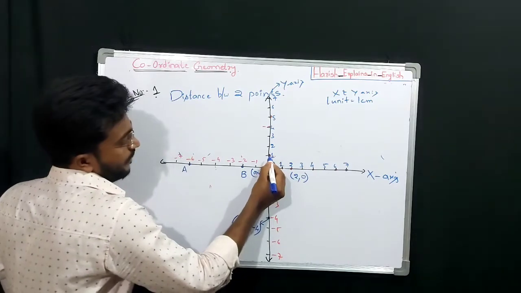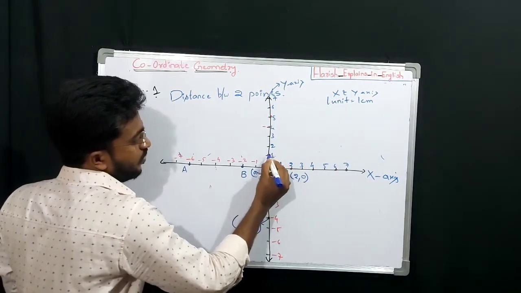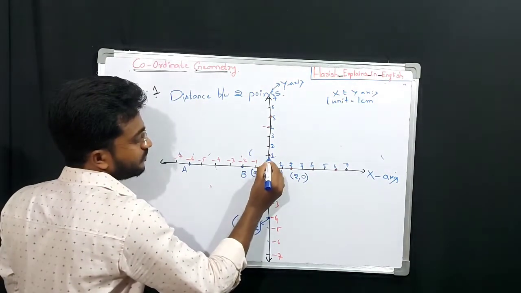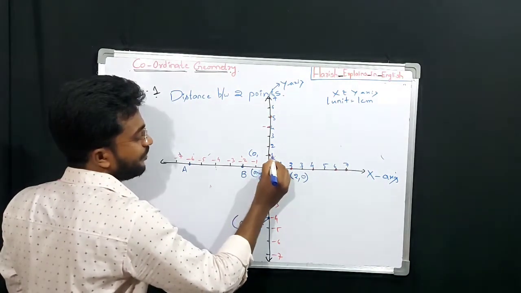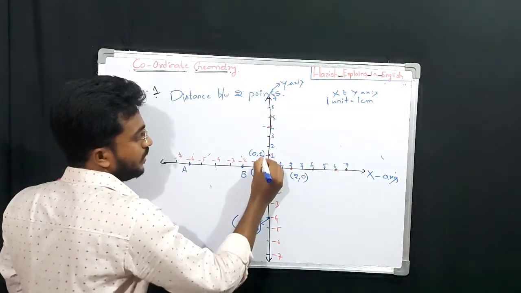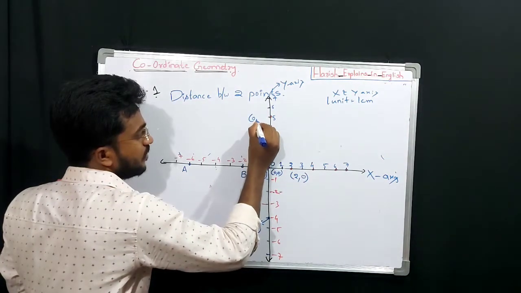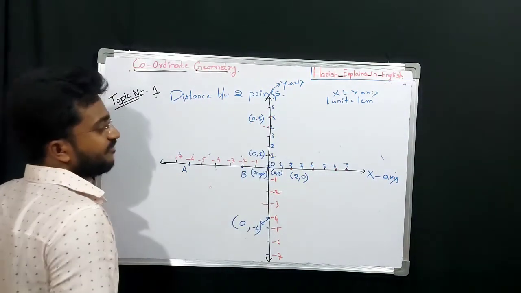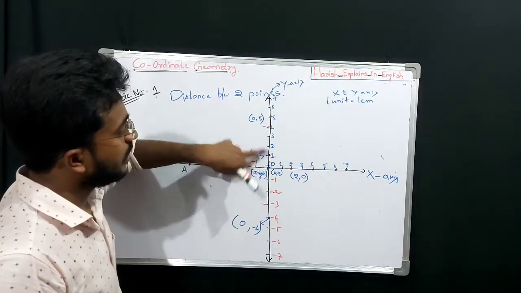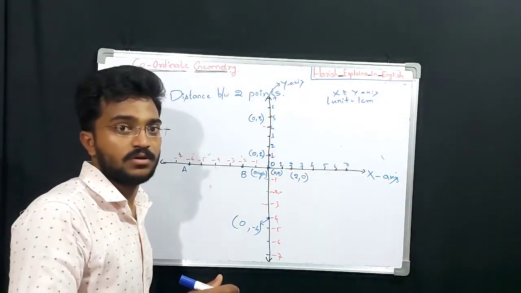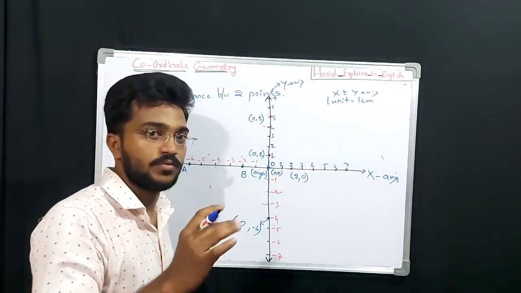So here, what is the coordinate point here? X is 0, so 0 comma 1. Here for 5, 0 comma 5. With these points, we can conclude that on the y-axis, the x coordinate is 0. Is that clear?